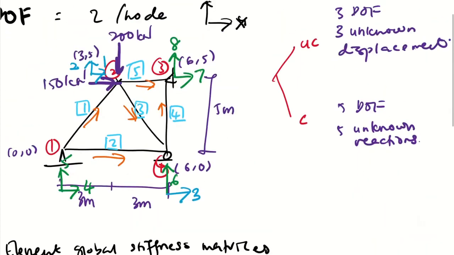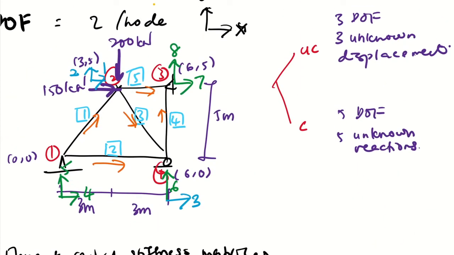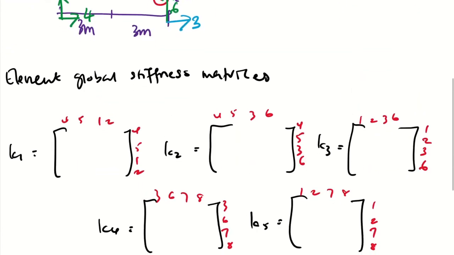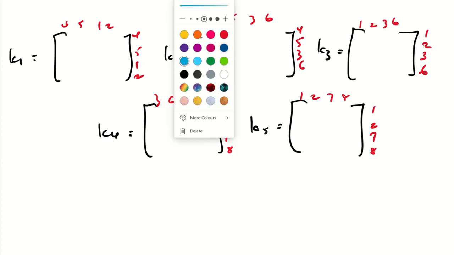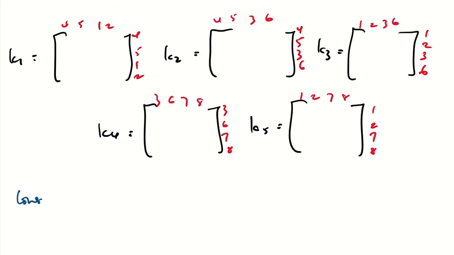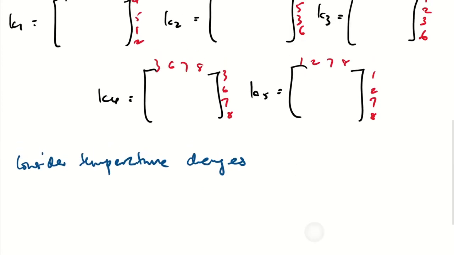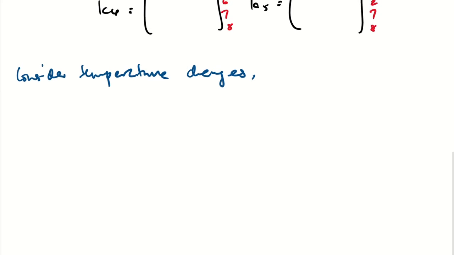Okay, if we want to consider the temperature changes, let's say like this, we have a table with member and delta T. Delta T has the unit of degrees Celsius.